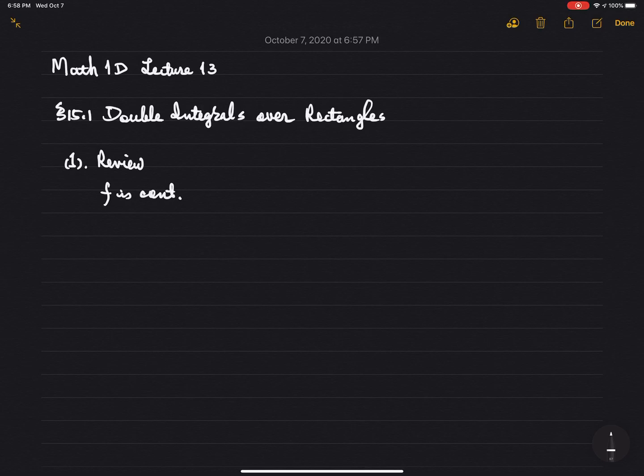Of course we can talk about a discontinuous function, but the discontinuity points must not be too many. Most of the cases when we deal with it, especially in our textbook, we deal with a continuous function. So let's say continuous on this interval [a, b].